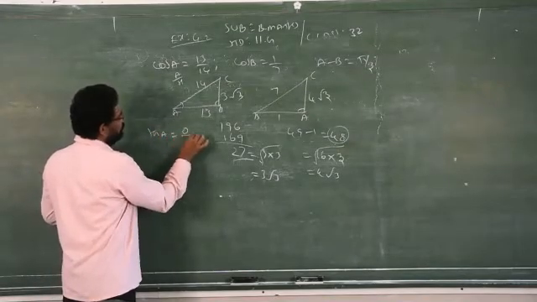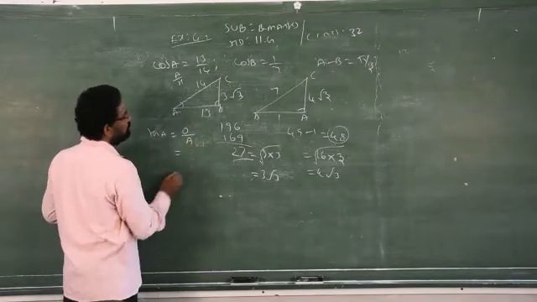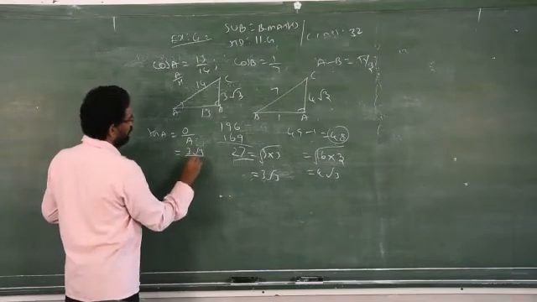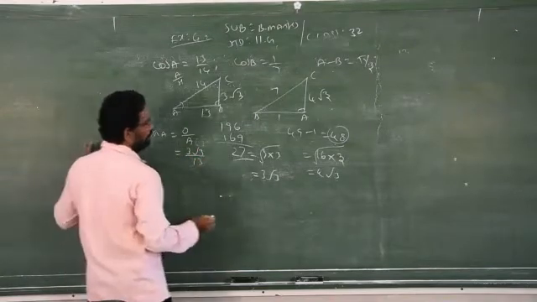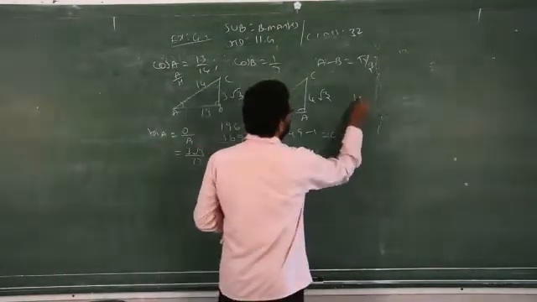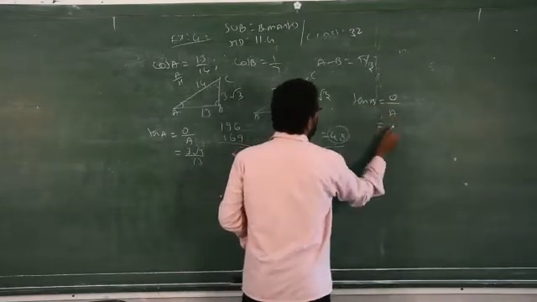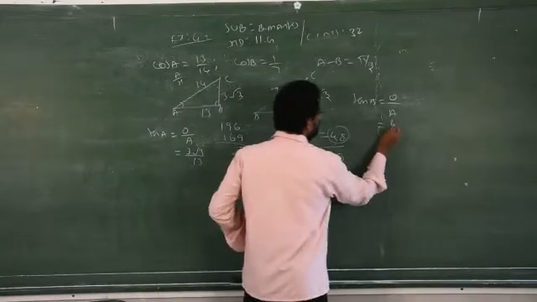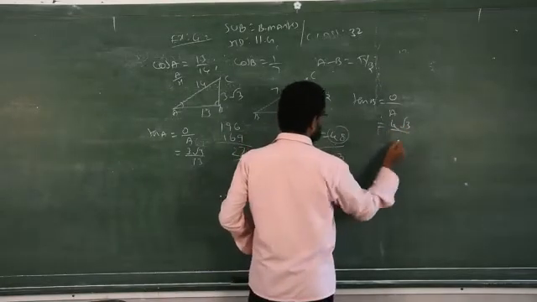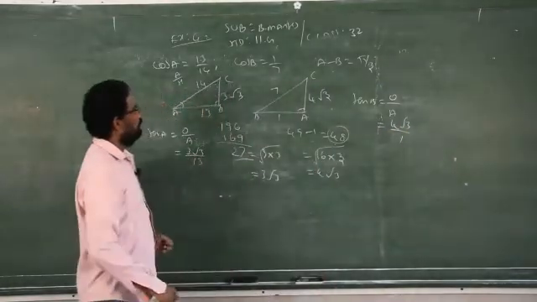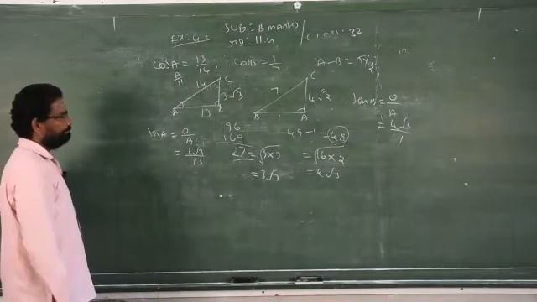Tan A is opposite by adjacent. What is your opposite side? 3 root 3 by 13. Then you have to find out tan B from this side. So tan B is equal to opposite by adjacent. What is your opposite side? 4 root 3 by adjacent is 1.